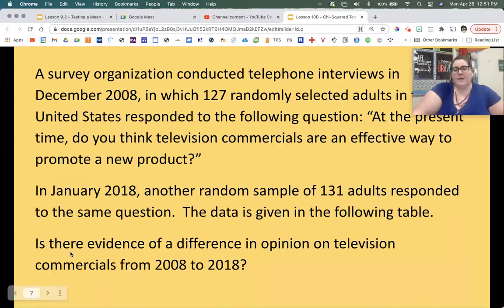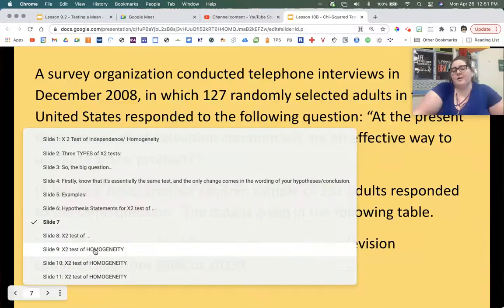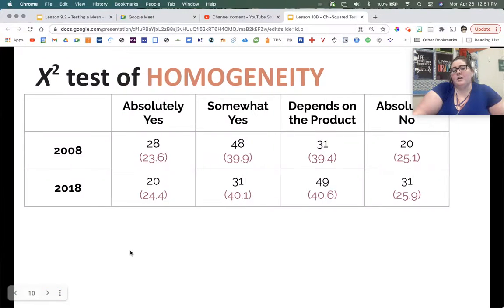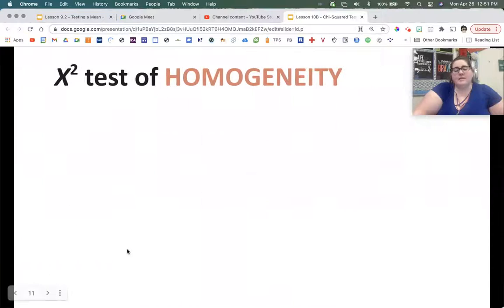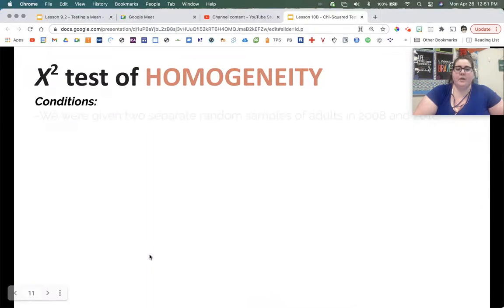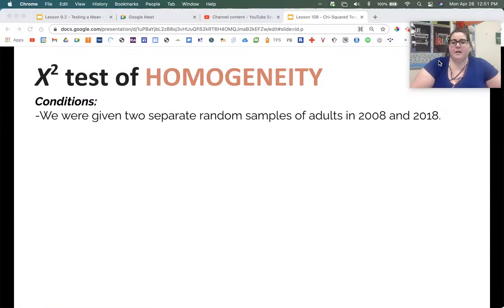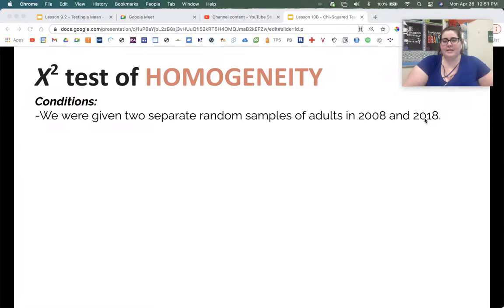Looking at my example, it says that the December 2008 sample was randomly selected, and in 2018 it says another random sample. So we're given 2 samples. We can assume they are separate or independent of each other since they were taken in separate years and it says separate. So we were given 2 separate samples of adults in 2008 and 2018.